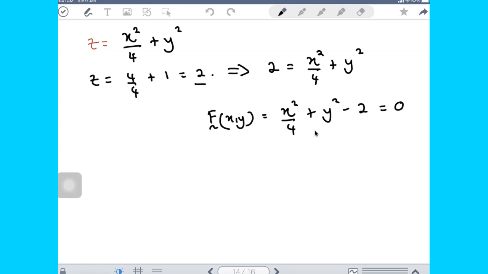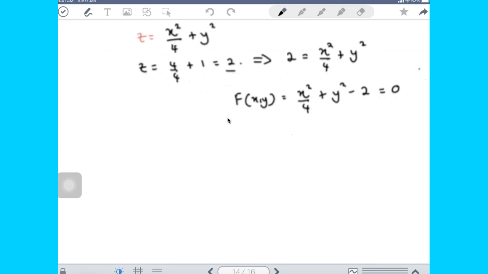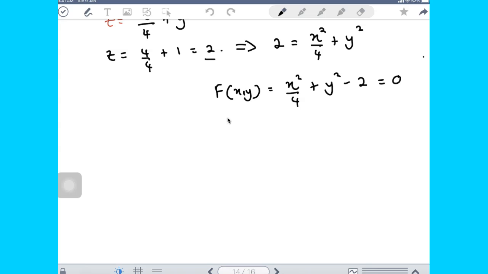Okay, so always do it like that. Now this is your level curve equation. But because you want to find the gradient of F, so now your F is in capital F. Sorry, this is not a vector, just a function F. Because we always use capital F to denote the vector, but this is not a vector, it's just a scalar function, but in terms of capital F.